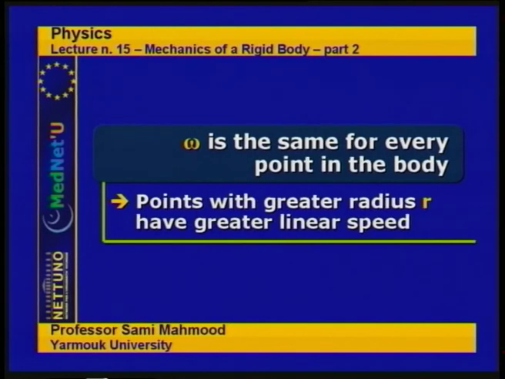And since we know the relation between the linear speed and the angular speed, Vt is equal to omega times r, omega being constant for all the points in the body, that leads to the conclusion that points which are at a greater distance from the rotation axis, having greater radius r, which is the perpendicular distance of the point from the rotation axis, will have greater linear velocity, because the linear velocity depends on omega times r.